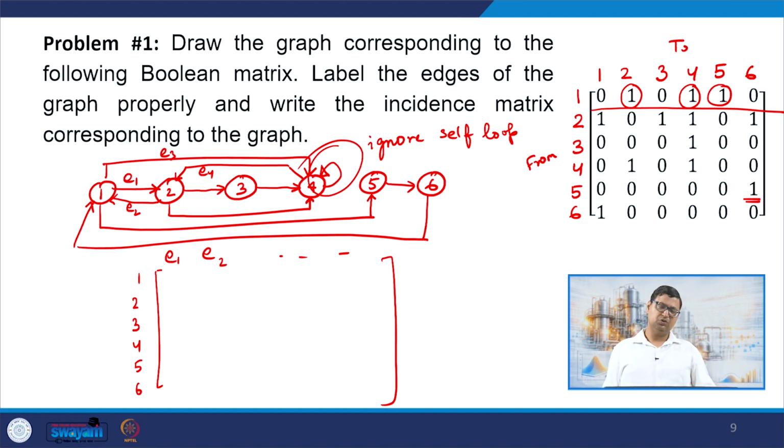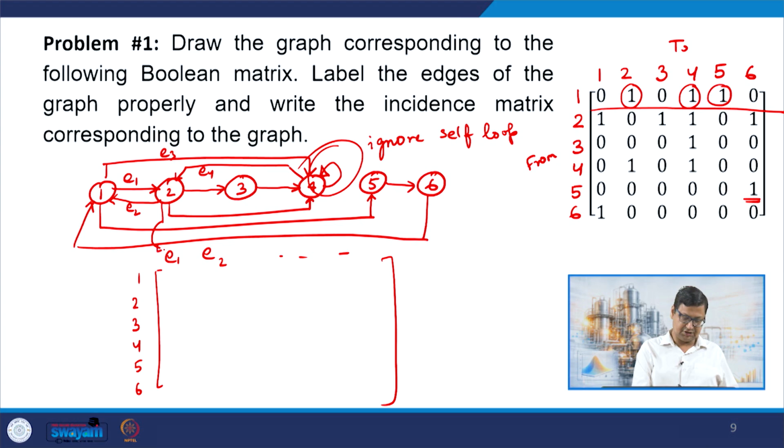So we are going to ignore this particular self loop in the graph. And we will see later when we discuss equation solving using graph theory what exactly a self loop amounts to. Okay, so we'll ignore the self loops and we can do pretty much the same procedure. By the way, there is also a line from 2 to 6 which I have missed here, because that is appearing in the Boolean matrix.